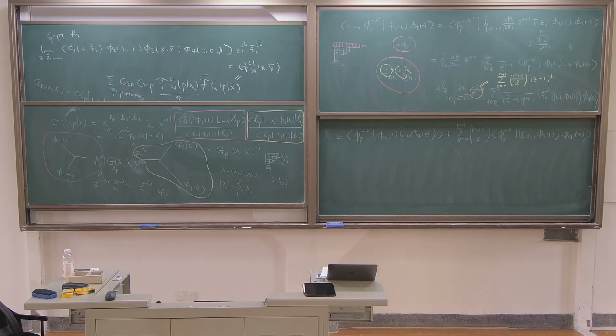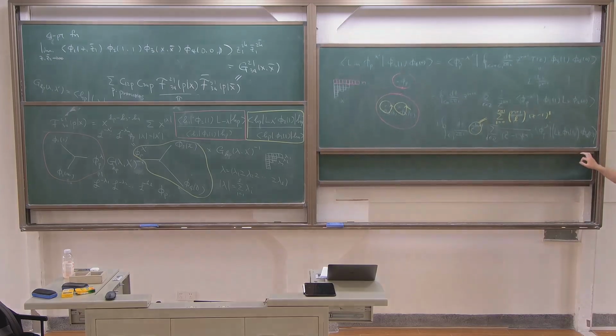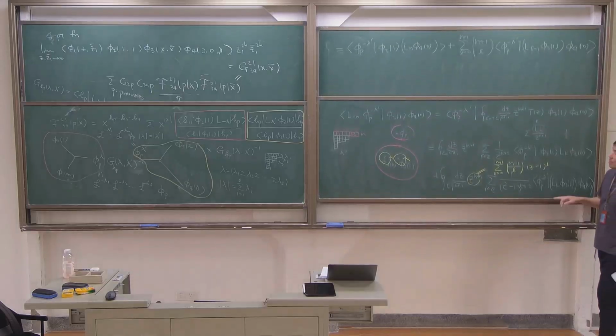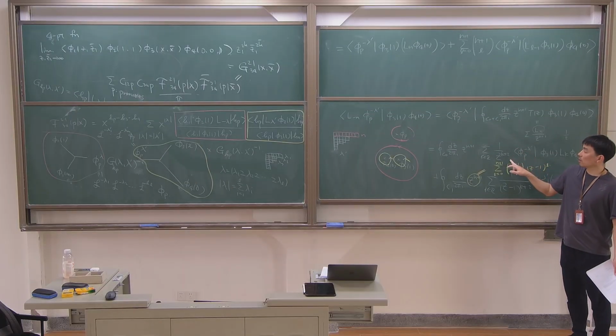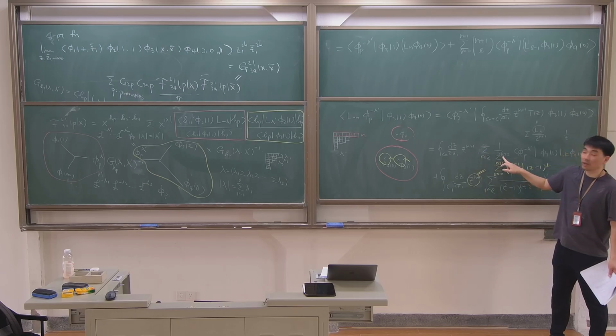So you just plug this one into here, and you pick only one of the z terms, so therefore you only see it when k equals n.